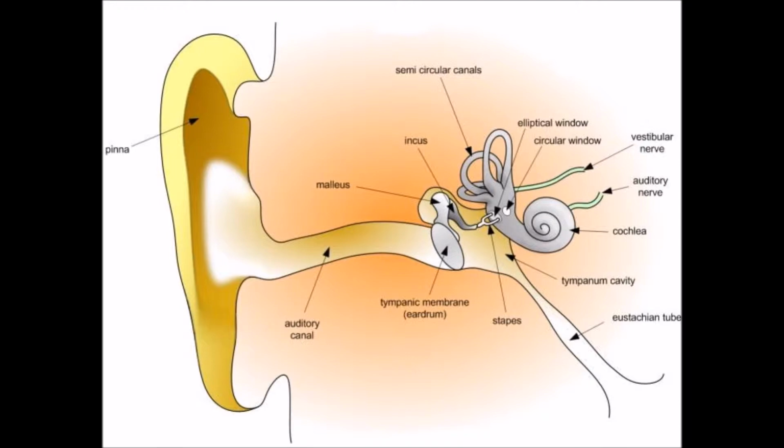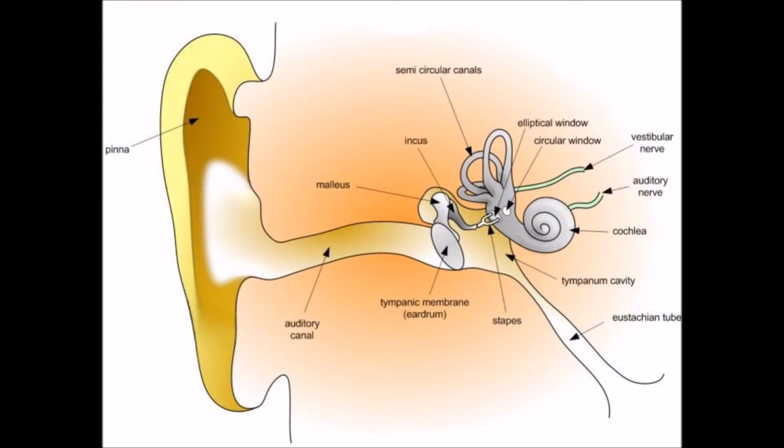There are three main types of hearing loss: conductive, sensorineural, and mixed hearing loss. Conductive hearing loss occurs when sound is not conducted efficiently through the outer ear canal to the eardrum and the ossicles. There are three tiny bones called hammer, anvil, and stirrup in the middle ear.